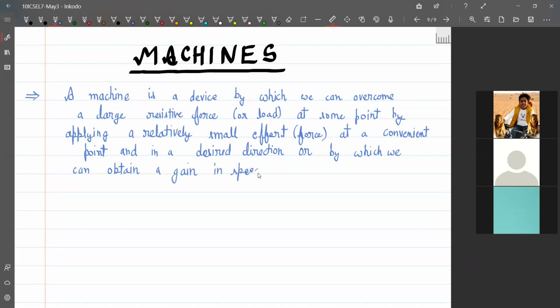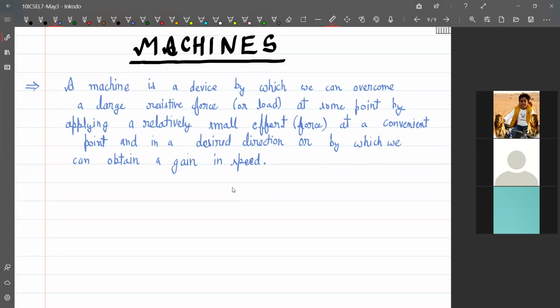So of course there will be machines which will be outside the boundary of this definition, but I will try to explain this by examples. I'm going to talk about simple machines, not your washing machine or air conditioner or cooler. Those are complicated machines. We're going to talk about very simple machines.